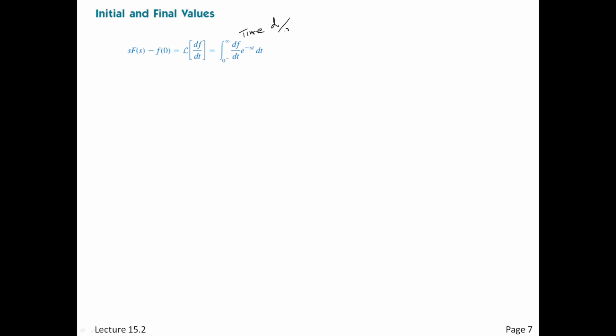We had s F of s minus some initial value, which is the one we're going to try to extract. That's equal to this differential property: if we take the Laplace of the differential, that's this.